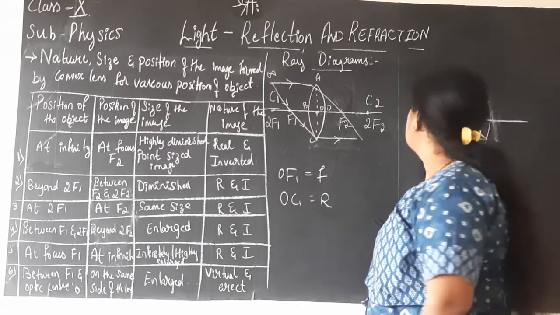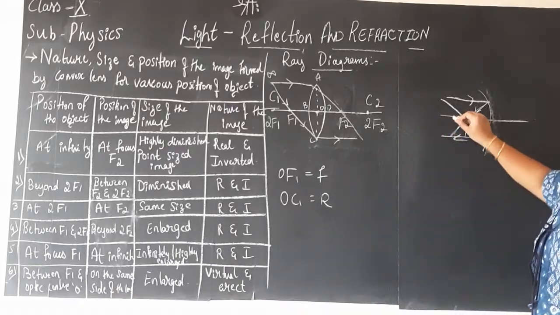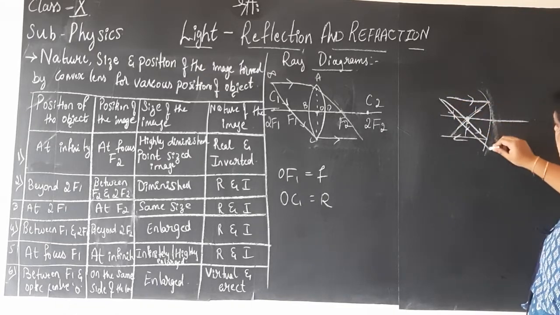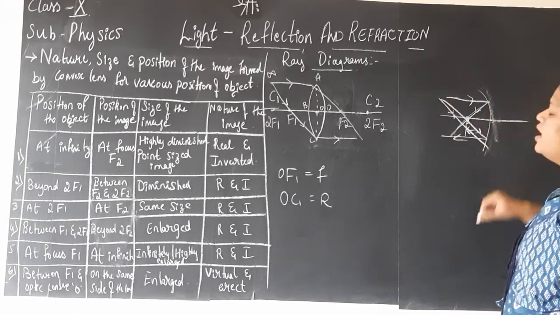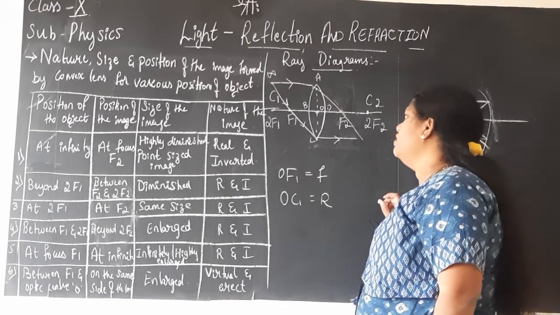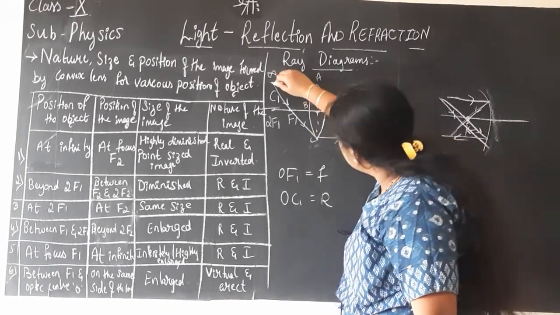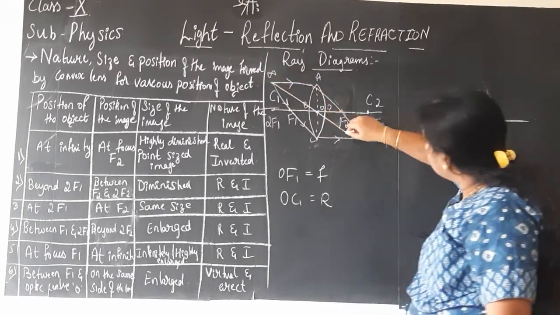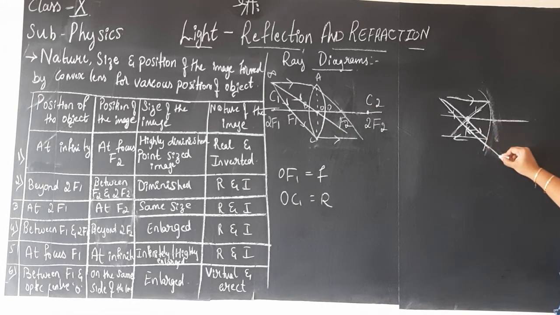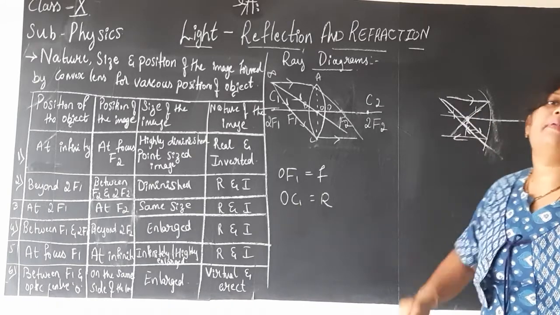Third point is, here we studied a ray of light which is passing through the center of curvature of the mirror will retrace the path in case of mirror. In case of lens, children, if at all a ray of light is passing through the optic center of the lens, what happened in the mirror, we know it is silvered or polished, it will block the light, so it used to retrace the path, children.